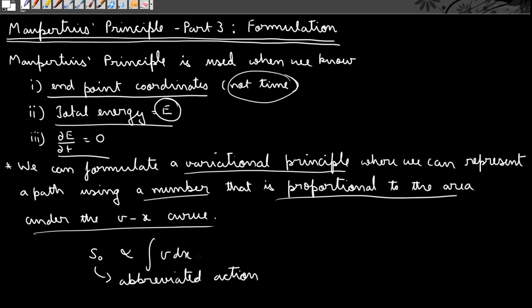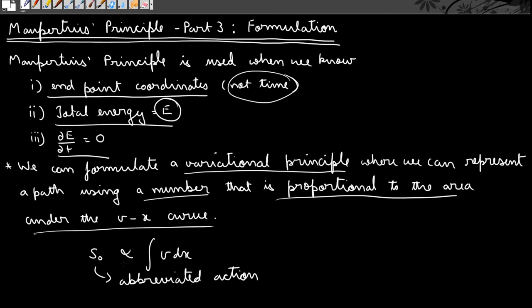Similarly, this quantity which is proportional to the area under the V dx curve, we are going to call the abbreviated action, and this is going to represent the different paths taken in such a way that the energy is conserved and it starts from a particular set of coordinates and ends at a particular set of coordinates, without any information about how much time it takes for the system to traverse this path.